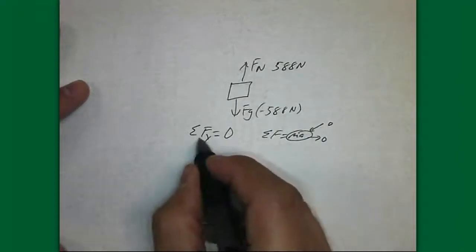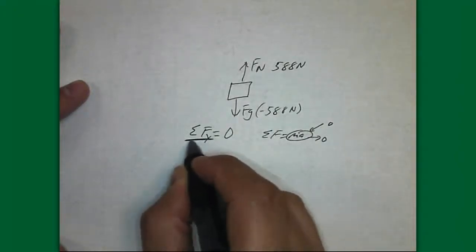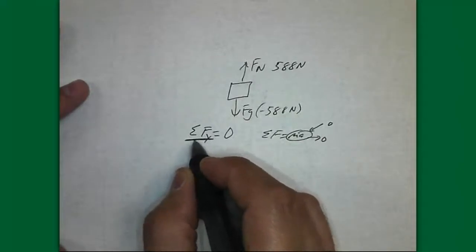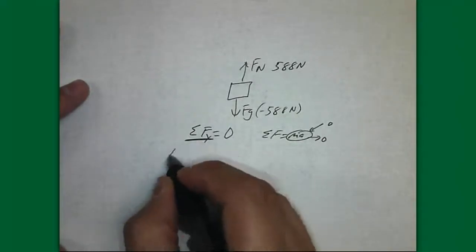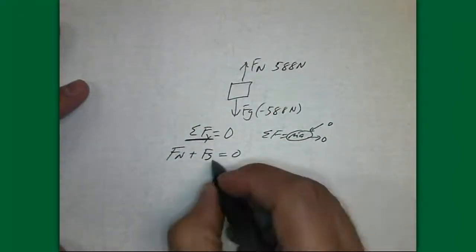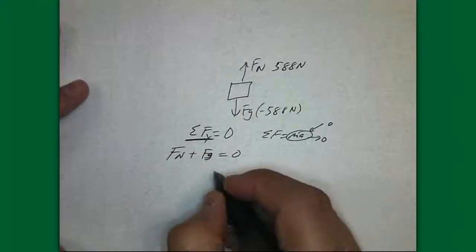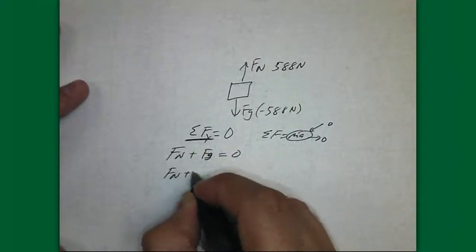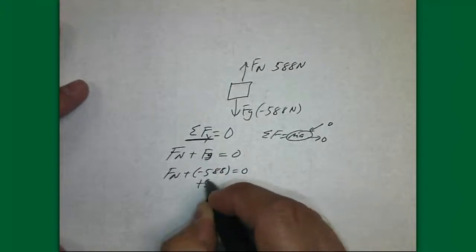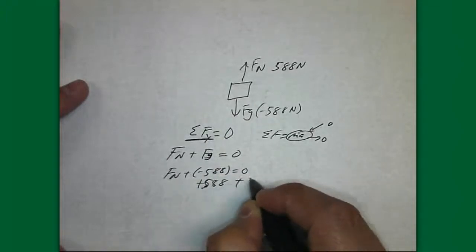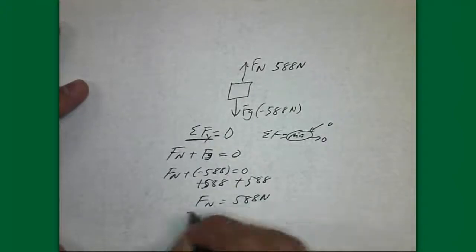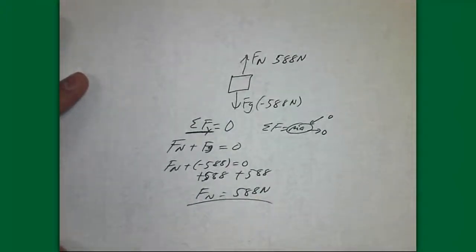So if the sum of forces is 0, we also did the same thing that we normally do on the left side of the equation, which is to flesh it out into the forces that are summed. The normal force plus the force of gravity equals 0. And in our heads, without really doing the math, we knew that the force of gravity was negative 588. We added that to the other side, and that meant that we got positive 588 newtons for the normal force. We did all of that.